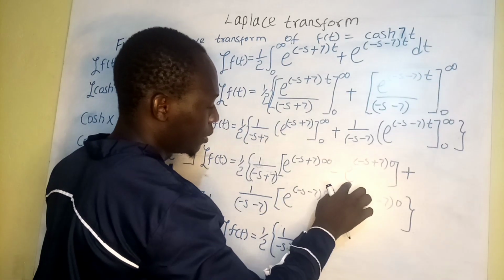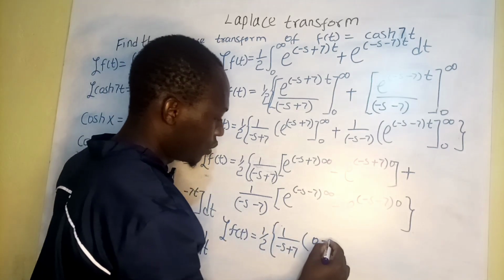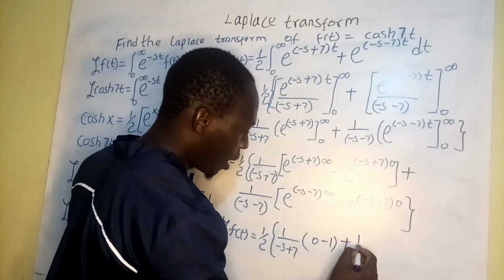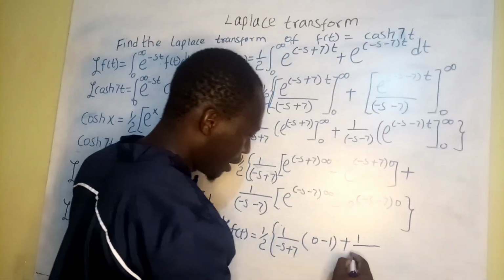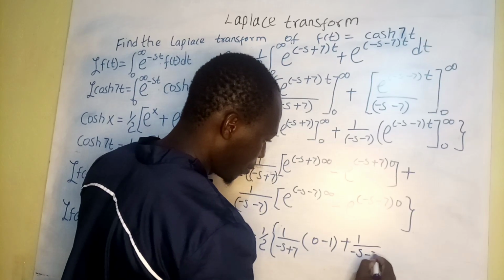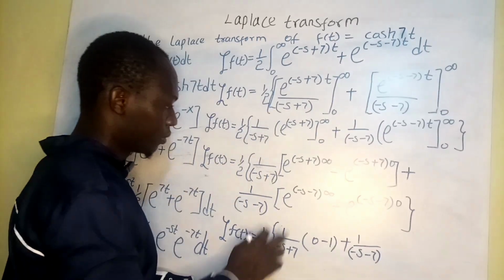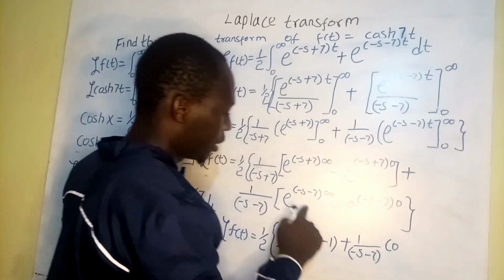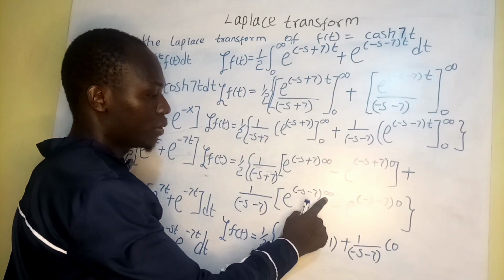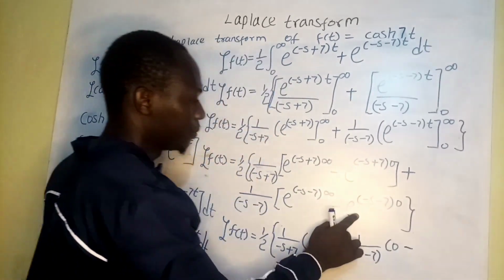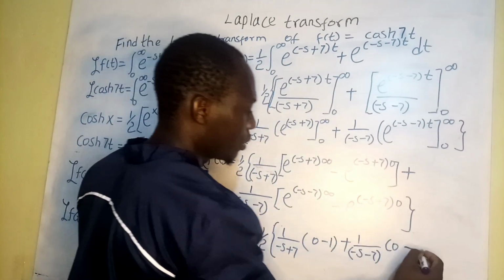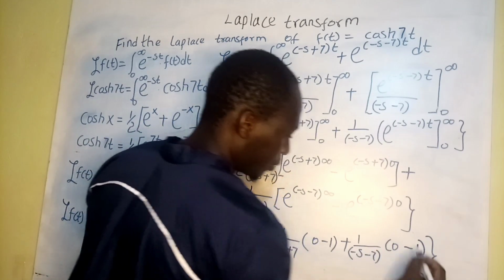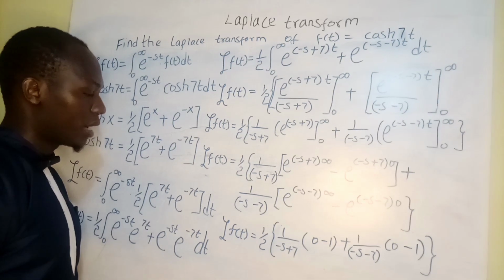We subtract from exponential raised to a power of 0 is equals to 1. We come and add to 1 all over negative s, we subtract from 7. Exponential raised to a power of an infinity is equals to 0. We subtract from exponential raised to a power of 0 is equals to a negative of 1. We close our bracket.